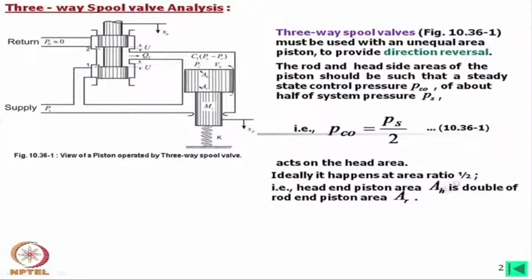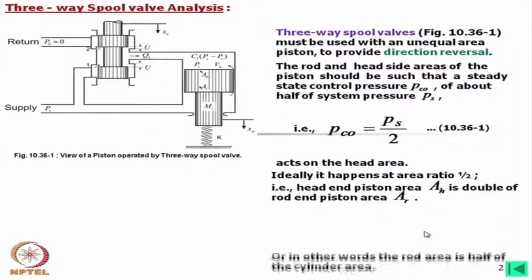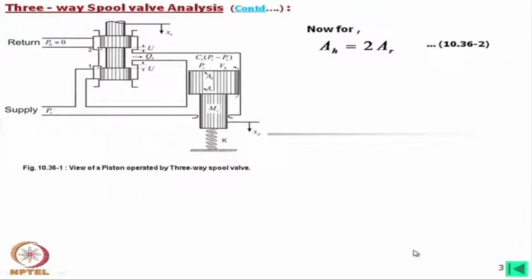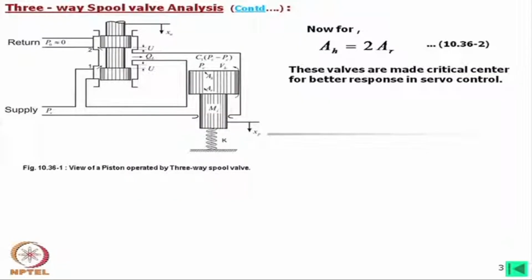Anyway, this area ratio is maintained half ideally, or in other words the rod area is half of the cylinder area. This we can express in the formula like this, AH is equal to 2 AR. These valves are made critical center for better response in servo control.